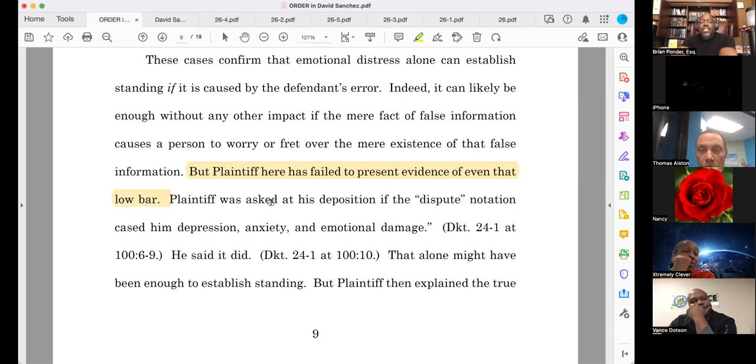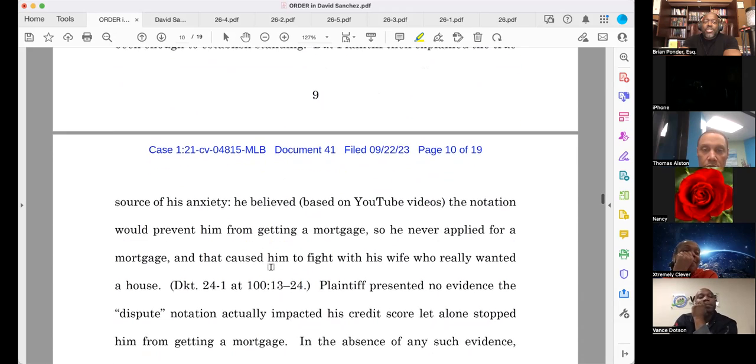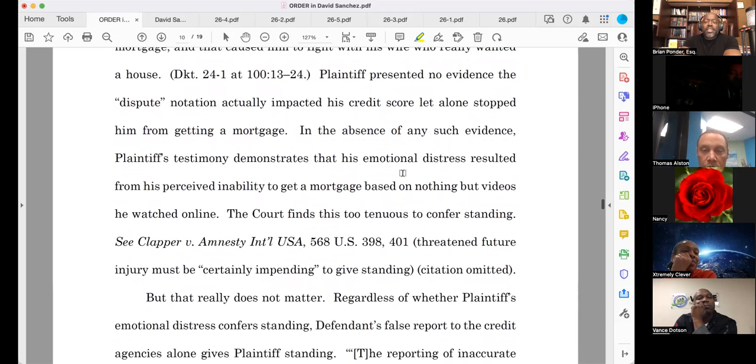Plaintiff was asked at his deposition if the dispute notation caused him depression and emotional distress. He said it did. That alone might have been enough to establish standing. But the plaintiff then explained that the true source of his anxiety was that he believed, based on YouTube videos, the notation would prevent him from getting a mortgage. So he never applied, and that caused him to fight with his wife, who really wanted a house. Plaintiff presented no evidence the dispute impacted his credit score.